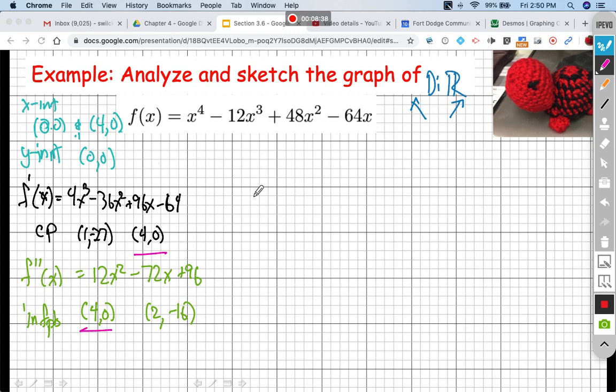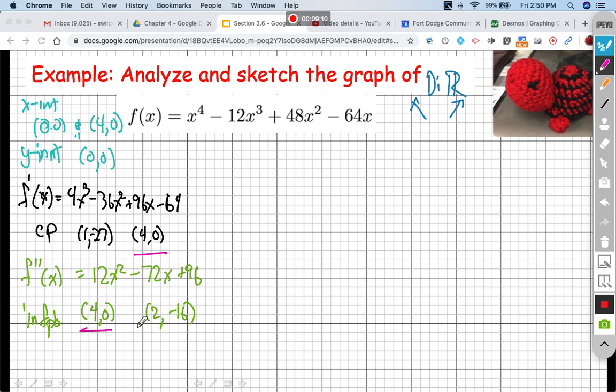Because if it's an extrema, the concavity is not changing, so it can't be an inflection point. If it's an inflection point, changing concavity, it can't be an extrema. So this point here is going to give us problems. So just something to bear in mind as we're looking at that.